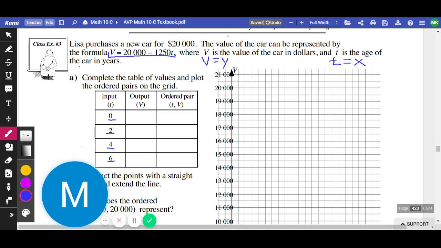So if you look at the equation, my input, or my T, equals 0. I go to my equation, V equals 20,000 minus 1,250 times the input of 0.